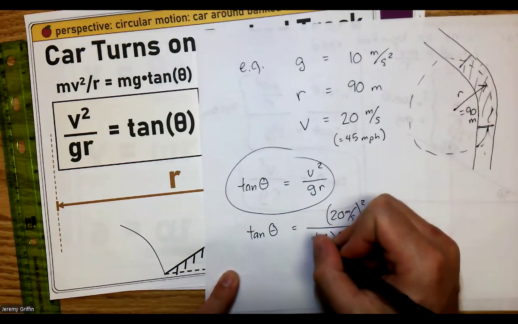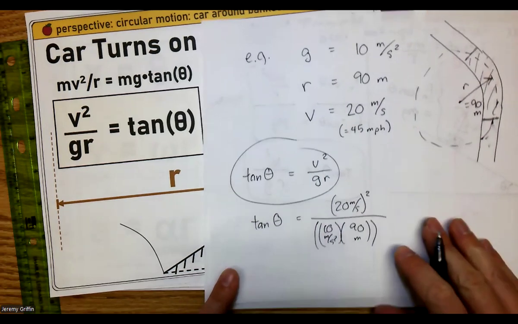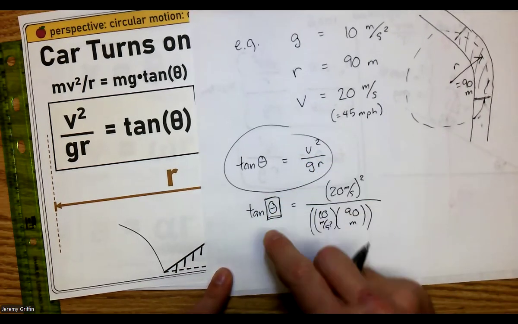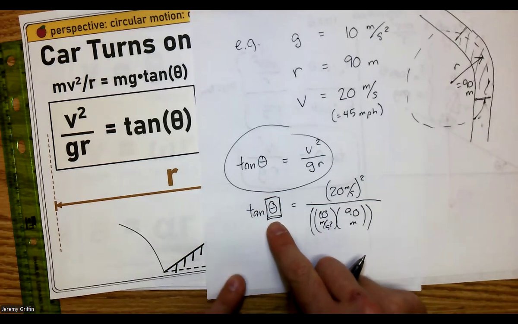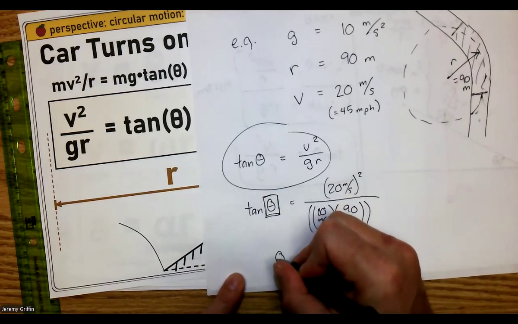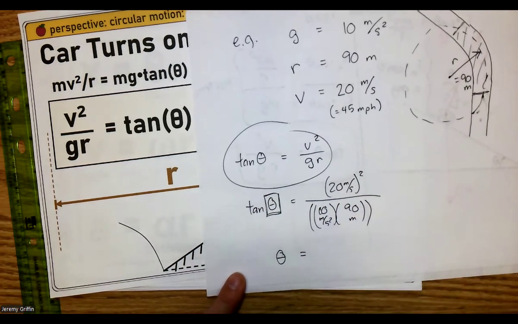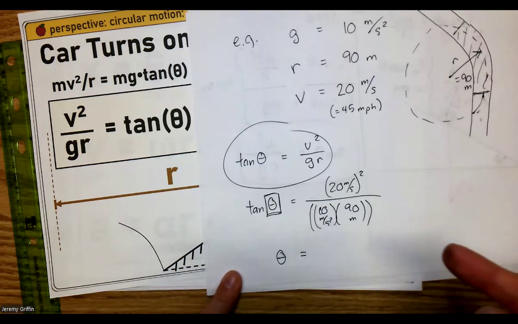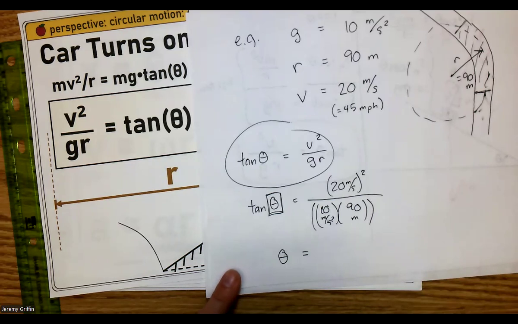Throw that all in parentheses, it's all in the denominator. Then there's still one more step. If you want to extract this angle theta so that your last step says theta equals, because that's what I asked you, what's the angle? What's the last algebra step you have to do? Who knows the last algebra step?